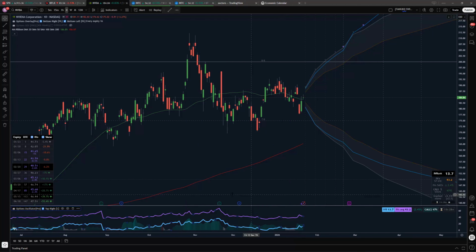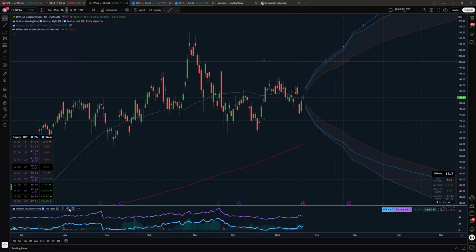So right now what you can see on the oscillator is information that we have already covered. Let's go through all of them. Here you can see the IVR, which is the same as this IV rank. This is telling you the IV rank of the underlying product. It's already in the IVR dashboard as well, and on the oscillator as well.